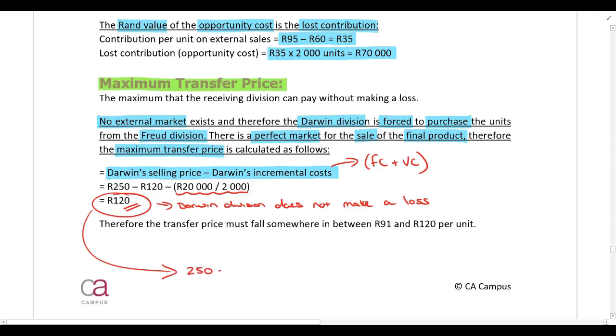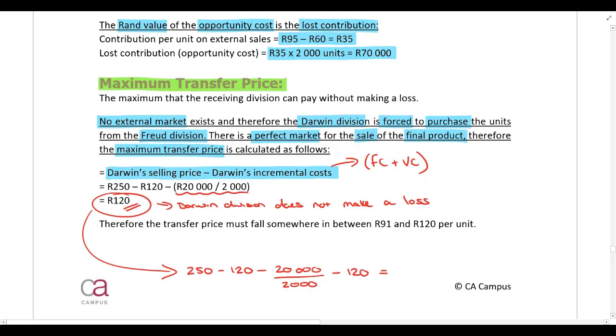They incur variable costs of 120 Rand. They incur fixed costs of 20,000 Rand divided by 2,000 units. And in addition to that, they also have to buy this intermediate product from the Freud division. So they also incur this transfer price over here. And we worked out that the maximum transfer price is 120 Rand.